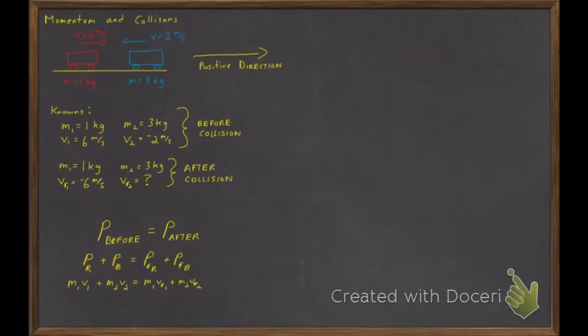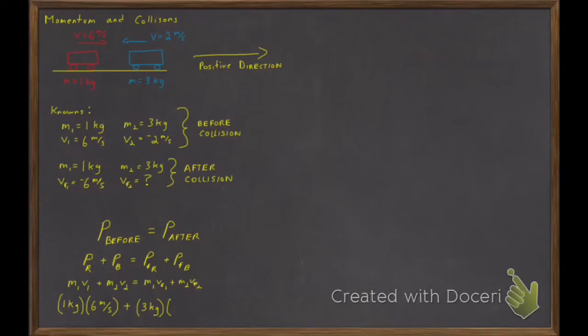Okay, and now what we basically have to do is substitute the information in. So M1 was 1 kilogram. V1 is positive 6 meters per second. And that's added to M2, which is 3 kilograms, times the velocity 2.